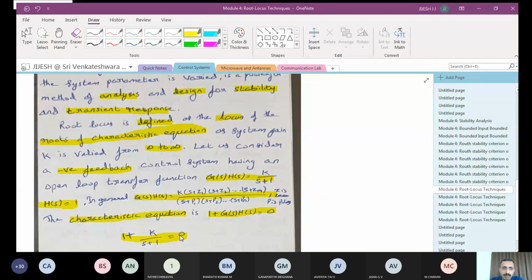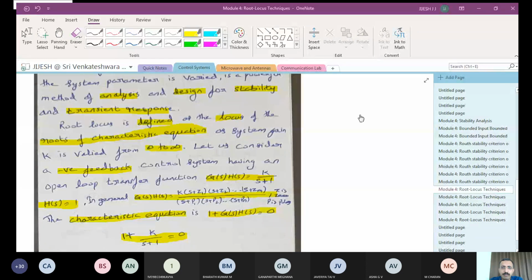All of you listen carefully, because root locus techniques need to be understood. All the 8 to 10 steps involved, you have to understand. Then the problem simplification will be very easy.